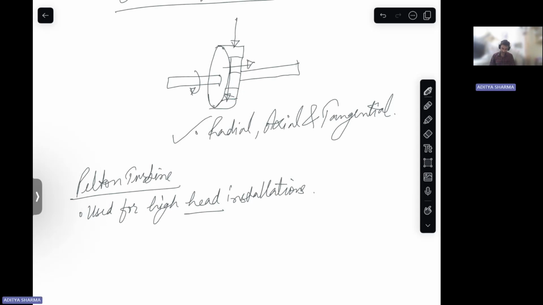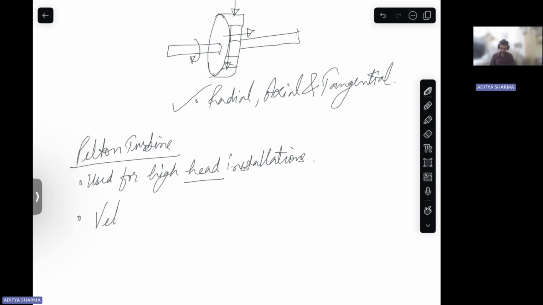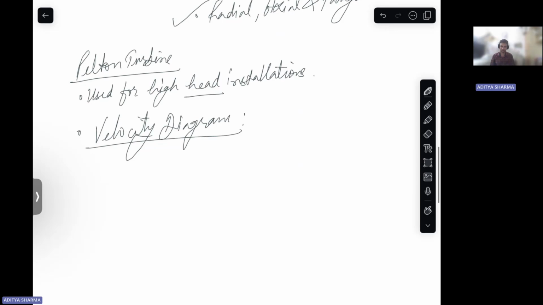Then velocity diagram. Important topic is velocity diagram. If you understand velocity diagram, you will be able to understand the function. So its blade is something like this. This is the cross section of the blade, that is mounted on your shaft.